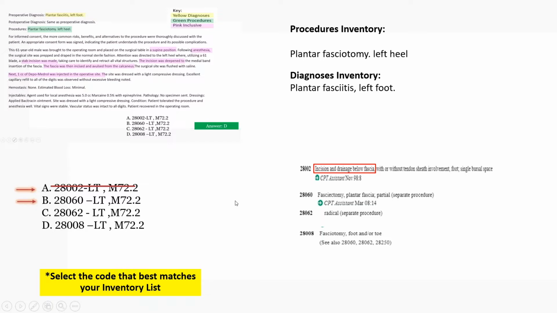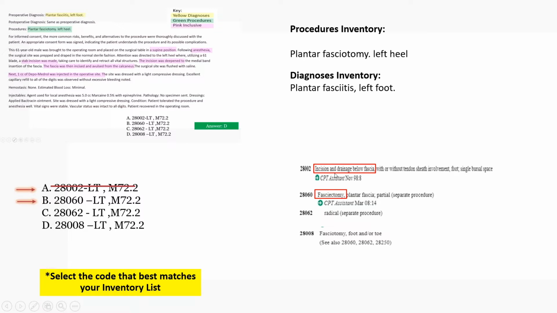There goes option A. Now option B, 28060, fasciectomy, plantar fascia, partial. This is coding for a fasciectomy procedure. Let's cross-check the procedure inventory. We have a fasciotomy.